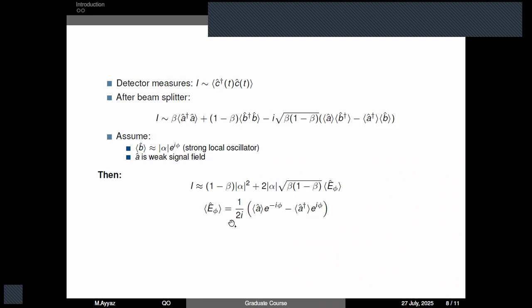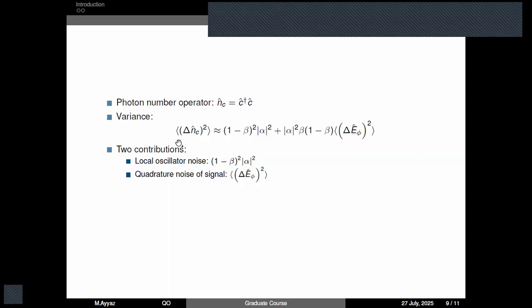So by changing the phase of the local oscillator, we can get expectation values of the different quadratures of the given field. Using this technique, we can measure quite easily the phase-dependent quantities like quadratures of the unknown field.